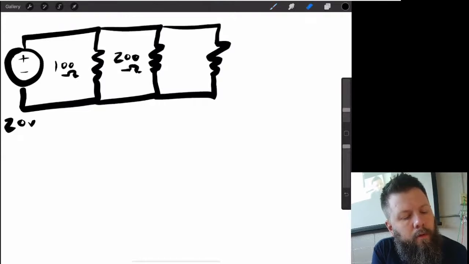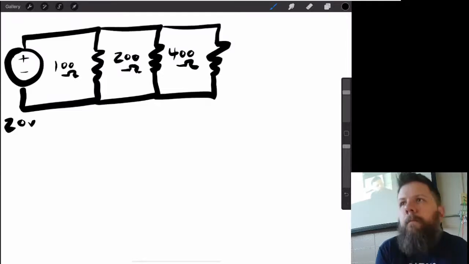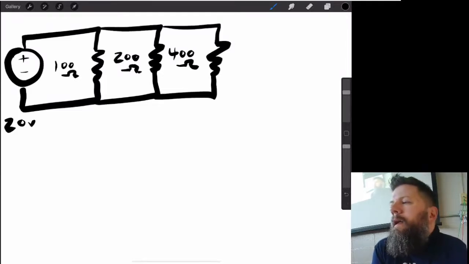Let's put 400 ohms right here. Okay. All right. Now, what's the voltage drop across that 100? On one side of that 100, there's a 20 volt, and the other side of the 100 is a 0 volt, right? Y'all see that?